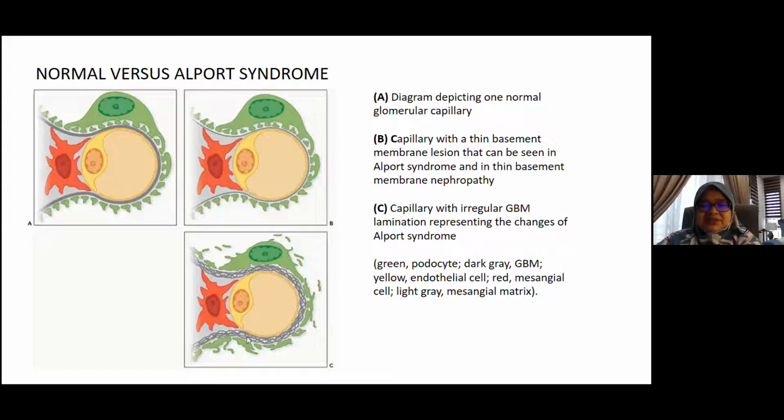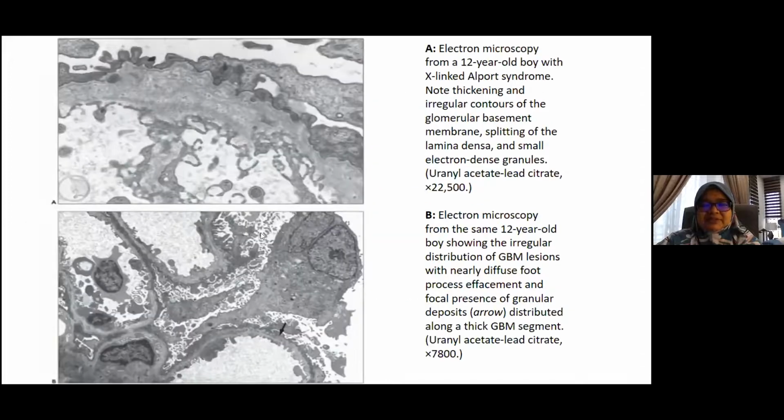Okay, where we see the lamination or basket weaving appearance of the glomerular basement membrane. So these are the breadcrumbs that we see that break down the lamina densa in Alport syndrome, which we did not see.